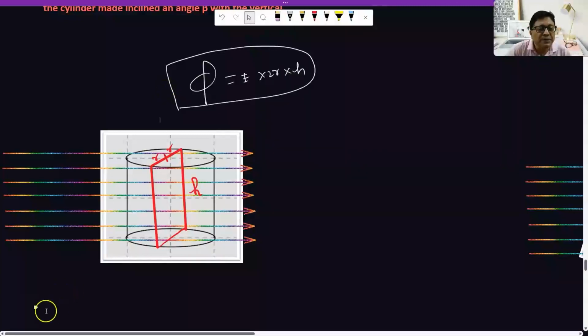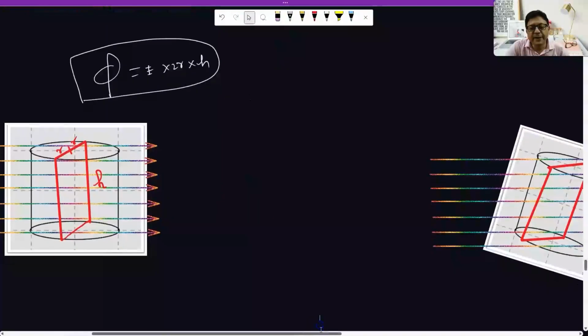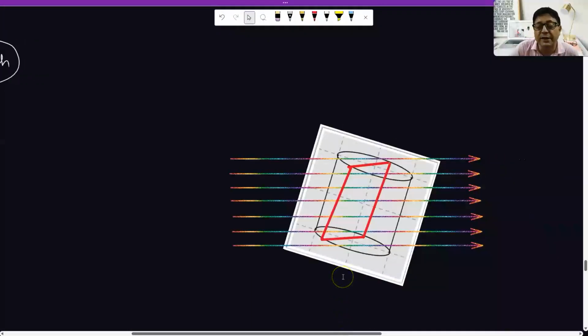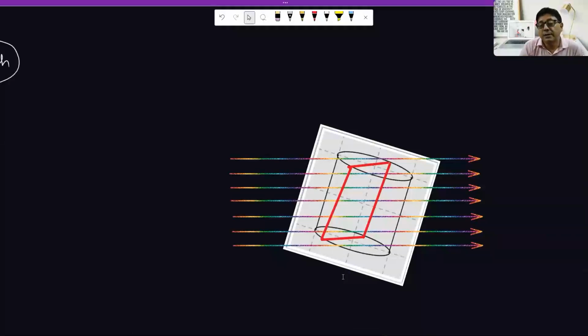But now the problem is different. The cylinder gets inclined now. Someone has rotated the, not sphere, it is the cylinder, by an angle beta. Beta with respect to what?